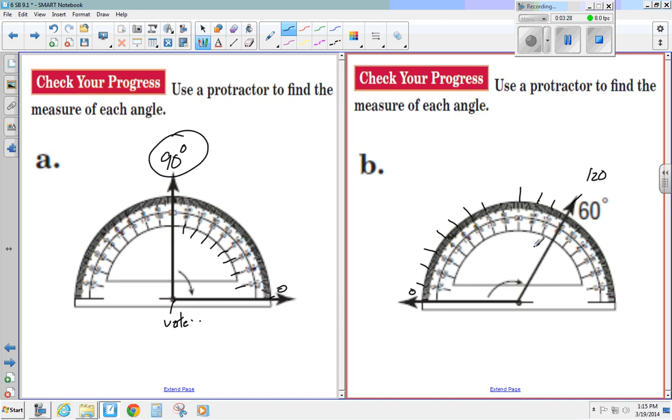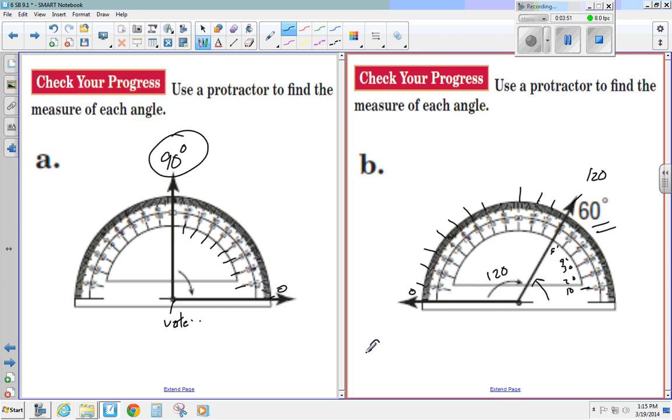Now, it's 120 right here. This 60 is here because if you look at this a different way, you could say here's 10, 20, 30, 40, 50 to 60. So this is 60.